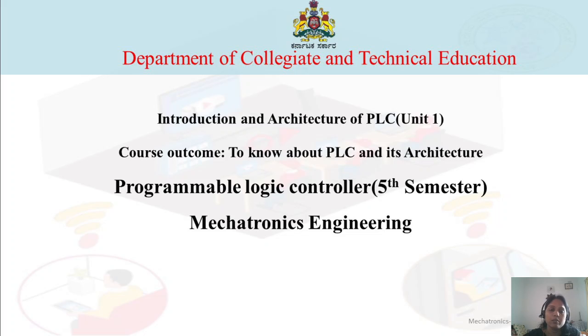PLCs are used in small applications as well as larger applications, so for all applications we cannot use the same PLC. For example, for small automation we cannot use a PLC with 1000-2000 I/O modules. The ports will be wasted and the cost will also be more. That is why we should have a different classification of PLCs.